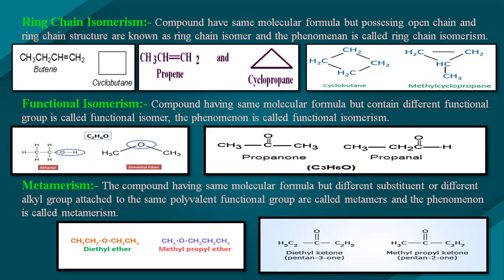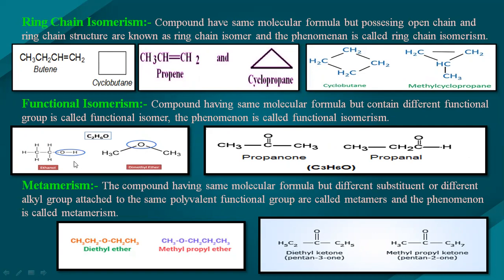Just come to the first example, C2H6O. This is ethanol and this is dimethyl ether. In ethanol you look at the presence of carbon, hydrogen and oxygen, which is similar to dimethyl ether, but ethanol contains an alcohol group and dimethyl ether has an ether group.